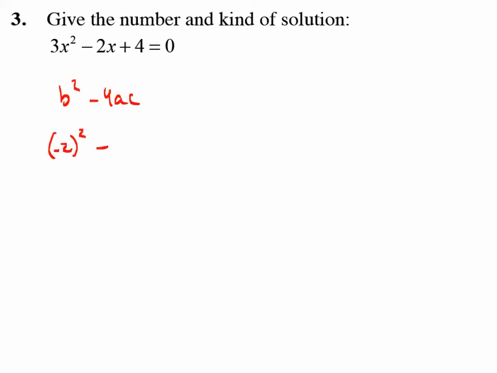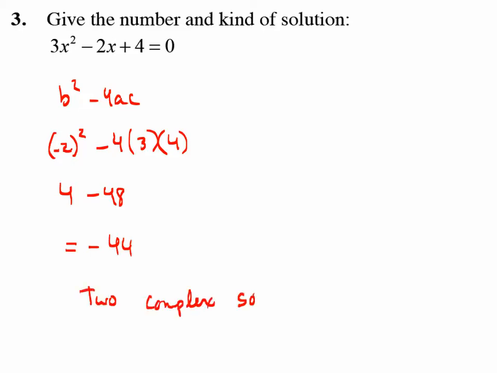All right, plug it in. 4 minus 48 makes a negative 44. At that point, you can really just stop there. It doesn't matter whether the 44, the number itself, is a perfect square or not, because you know it's a complex answer.